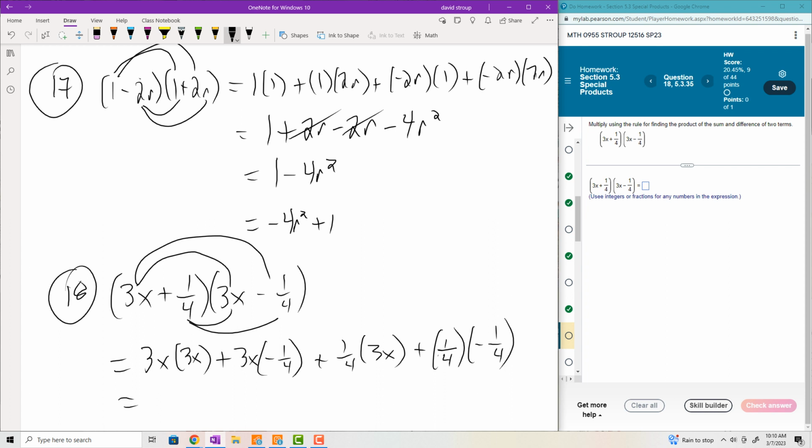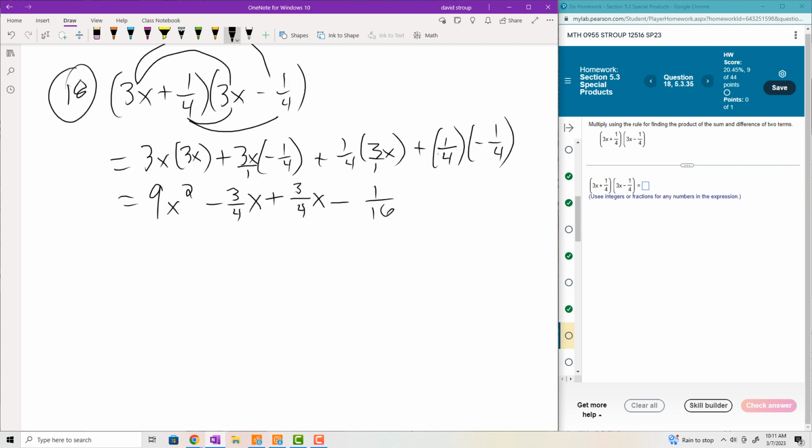So 3x times 3x is 9x squared. 3x times negative 1/4, 3 is the same as 3 over 1, so multiplying straight across we get negative 3/4 x, and then plus, same deal here, 3 times 1, 3 over 4x, and then minus, multiplying straight across, 1 over 16. And again, the inner and outer terms cancel. You have 9x squared minus 1/16.